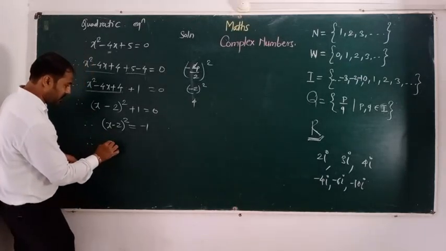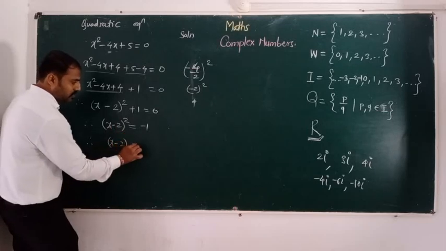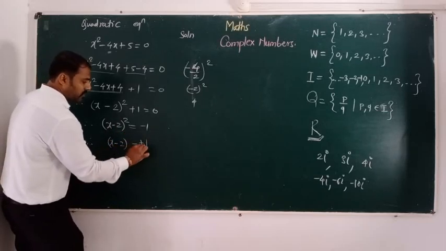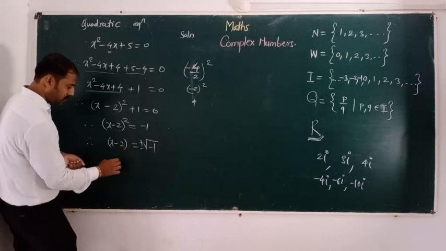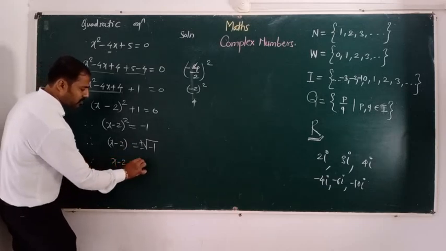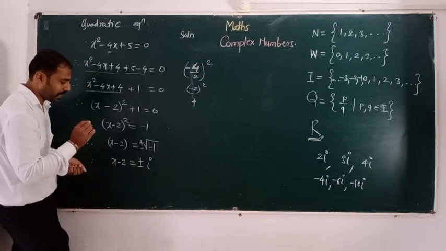Solving this, we get x minus 2 is equal to plus minus square root of minus 1. Square root of minus 1 is denoted by i, which is iota.